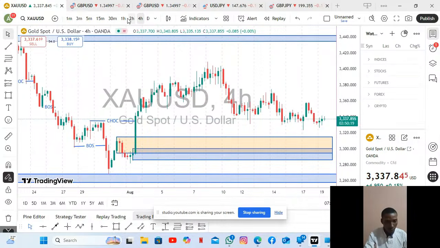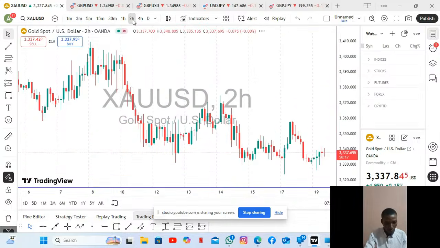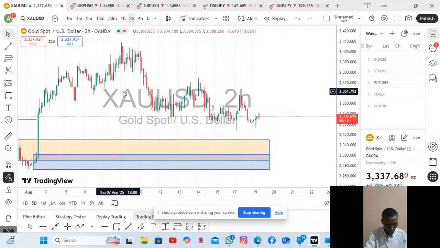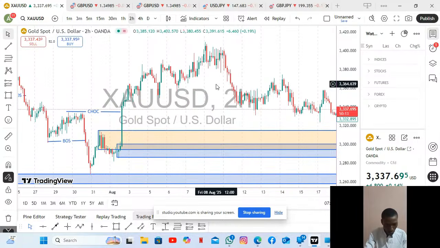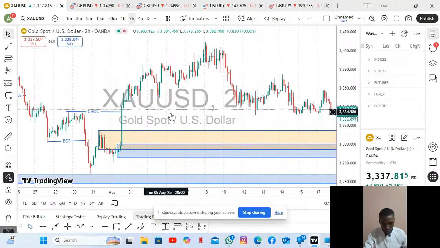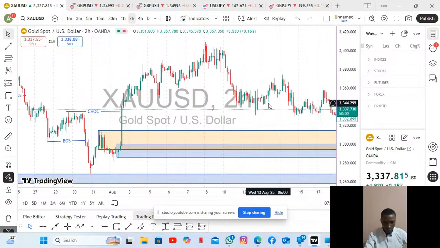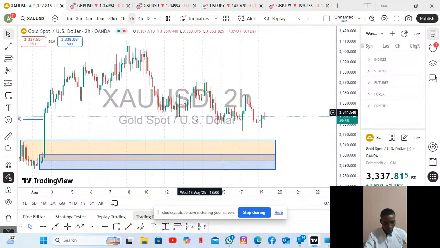going to the 2 hours time frame, what do we have? We can see clearly that there is a huge fair value gap here, and we are just waiting for price to tap into this place.